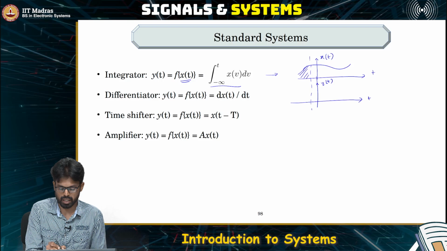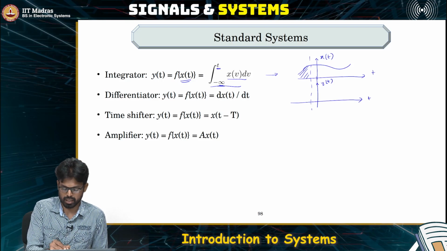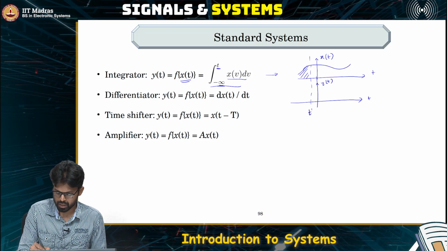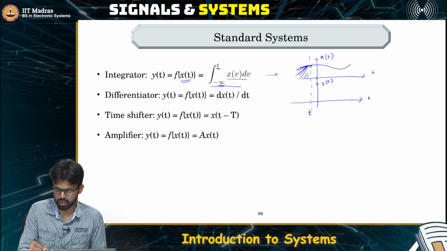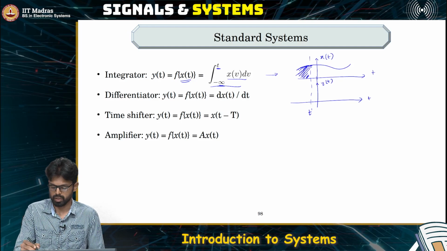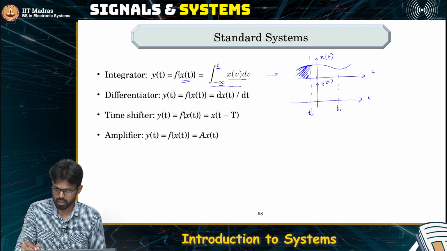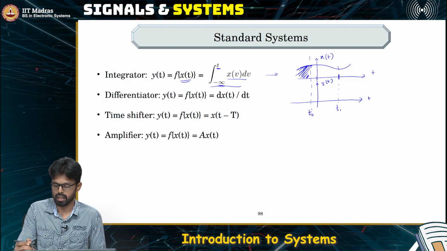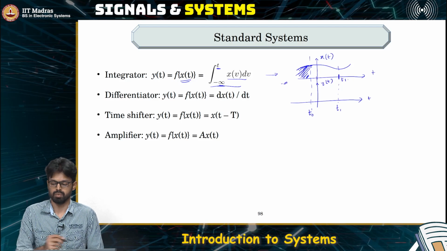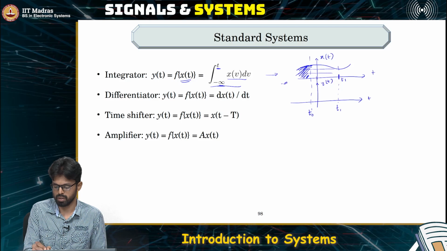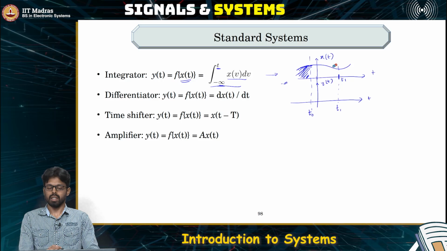So this means the area under x of t from minus infinity till t. The output at time t is the area under this curve till the point t. If I try to find the value at this point, let's say this is t1, then it is the area under x of t from minus infinity till t1. So it will be this area.